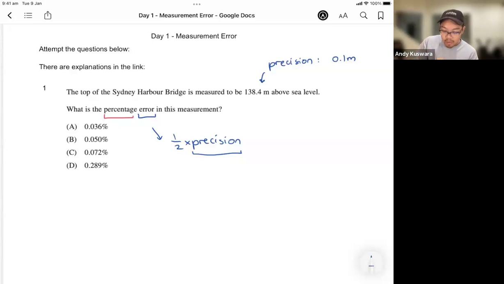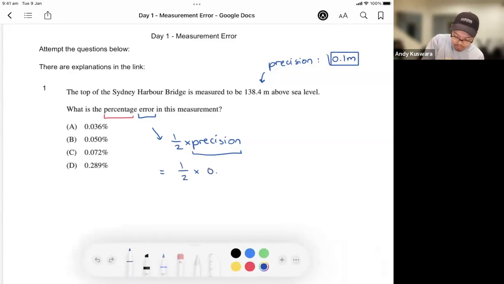I'm going up by 0.1. That's why that's my precision. So half my precision, half times 0.1, gives me an answer of 0.05 meters. So that is my error.